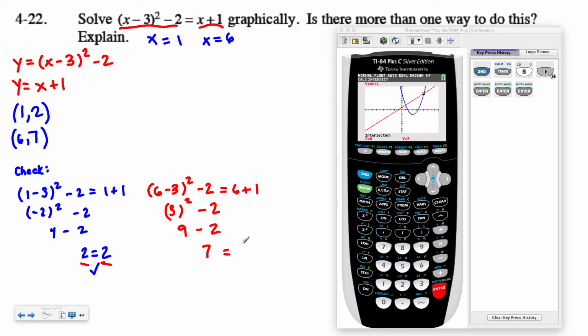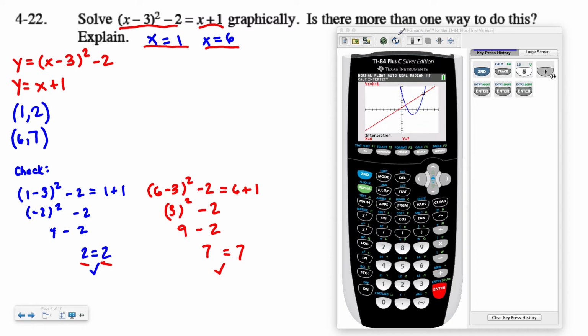And we do 6 plus 1, that also gives us 7. So we know that this is correct because it makes a true statement. Notice there that the y-coordinate does reappear in the solution to the system. Okay? But our answers that we're looking for right now are where x equals 1 or x equals 6. That's what the solution to this equation is.